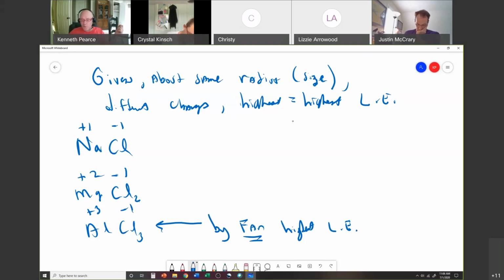Now the previous example on the previous page, when I said highest LE, they were different. And sure enough, the smallest radius was the largest, but the difference in energy was not humongous. But sure enough, there was a highest and lowest. Here, it's about 3 times bigger. This thing right here is times 3 compared to this guy up here. Huge difference, as opposed to the previous page.